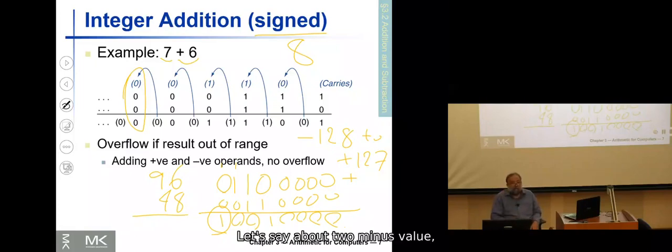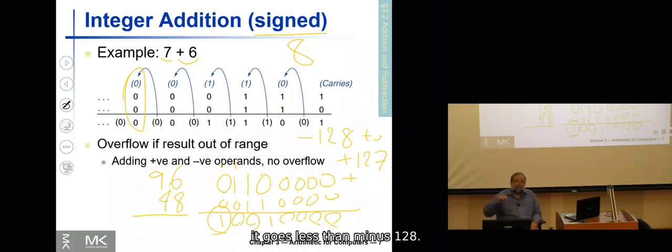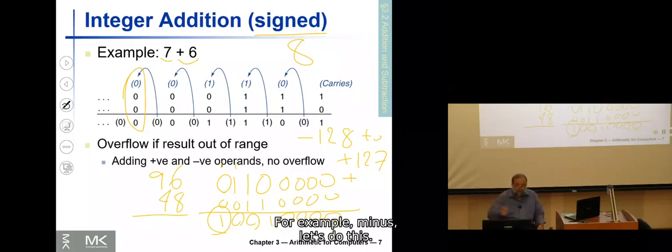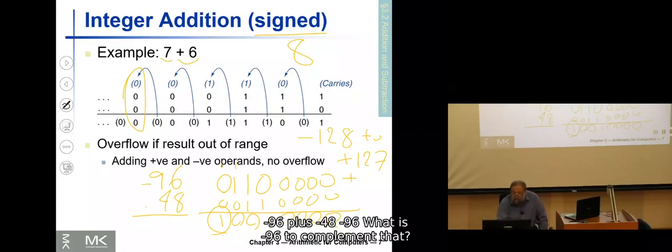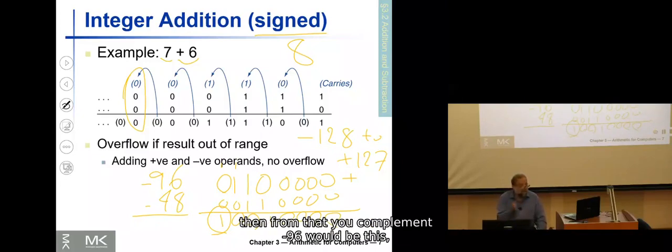Let's talk about two negative values, for example, something that when you add them goes less than minus 128. For example, let's do minus 96 plus minus 48. What is minus 96? You take the 2's complement. To do 2's complement, you go to the first 1, and then from that you complement.